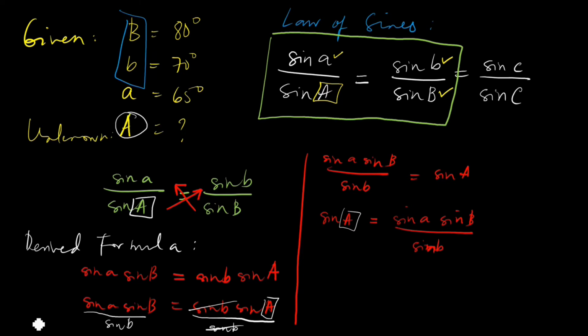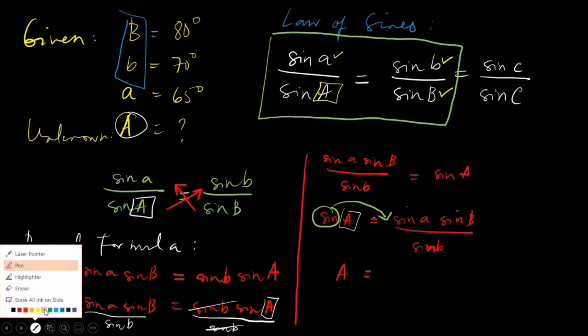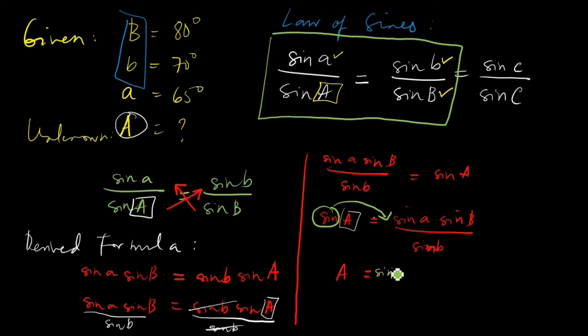So what we are going to do, we need to move sine to the other side. In moving it to the other side, we'll have A equals, so sine will become arc sine.